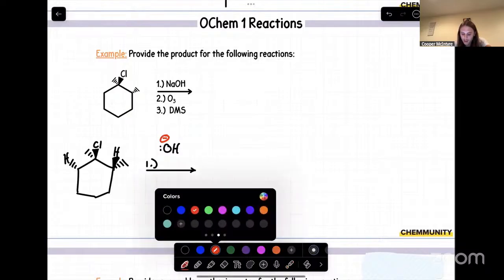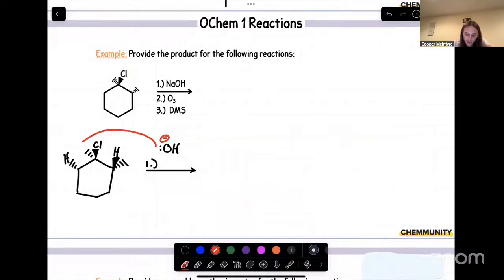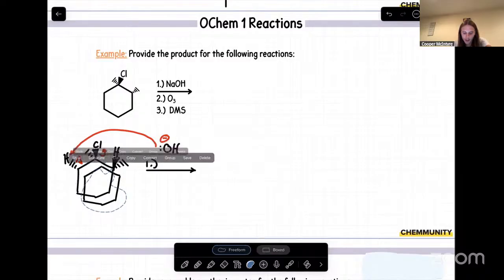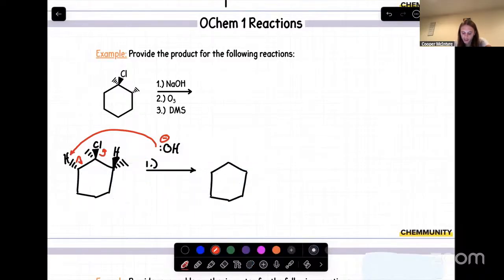Perfect. So our hydride will steal that hydrogen like that, and then electrons fall back down, forms our alkene, and then our leaving group will leave, so we'll kick out that chloride. And then by doing that, we'll copy and paste this to make it a little easier for ourselves.